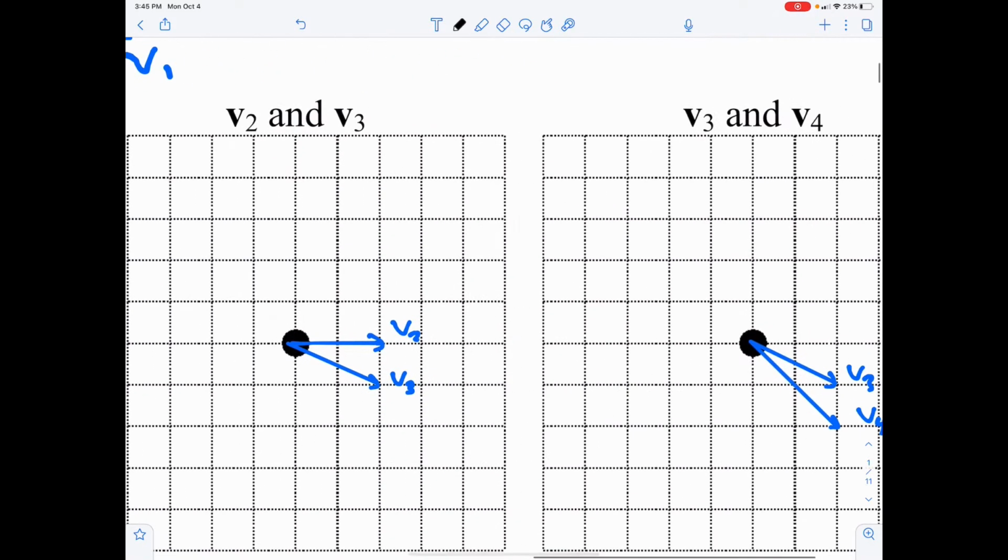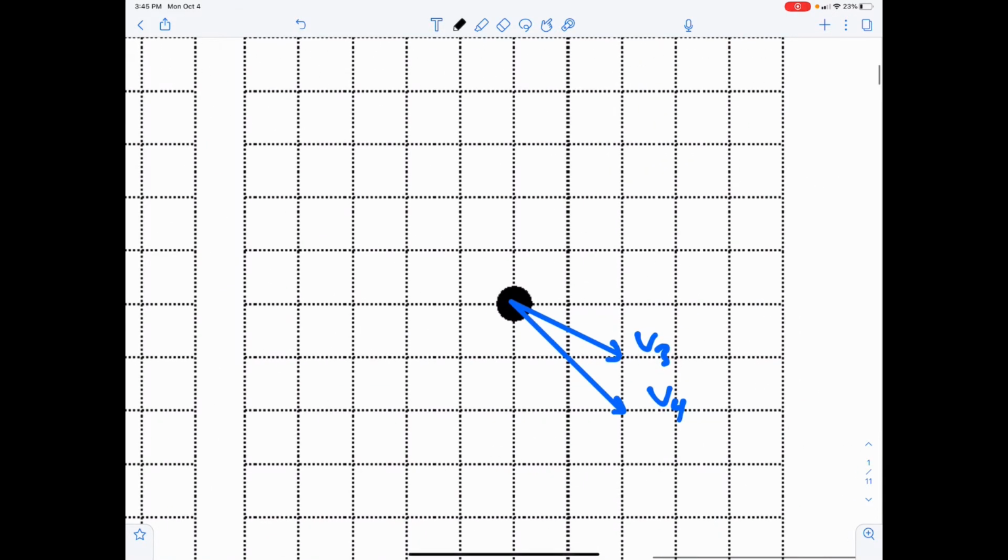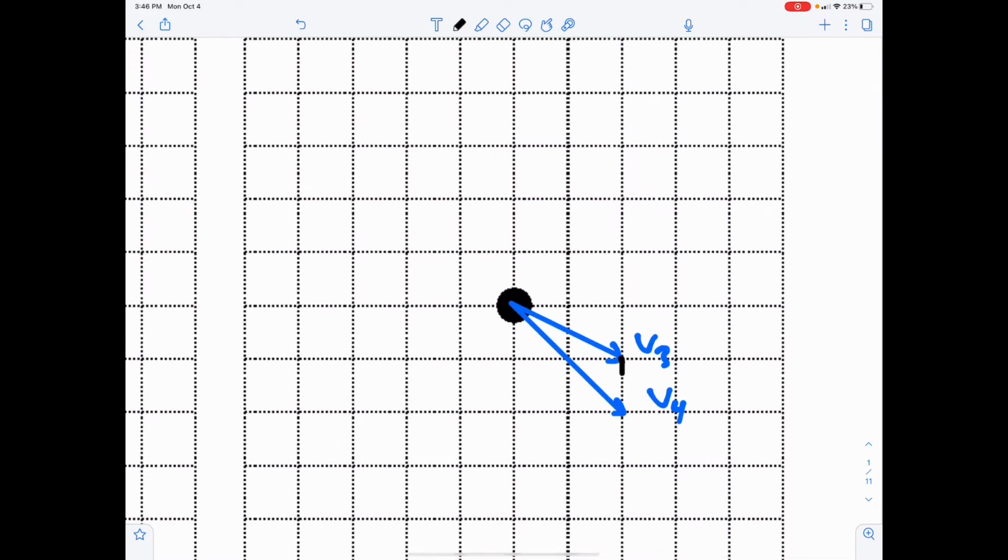There's delta V. There's delta V. And there's delta V.